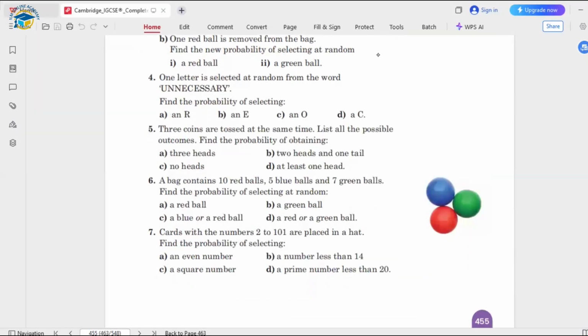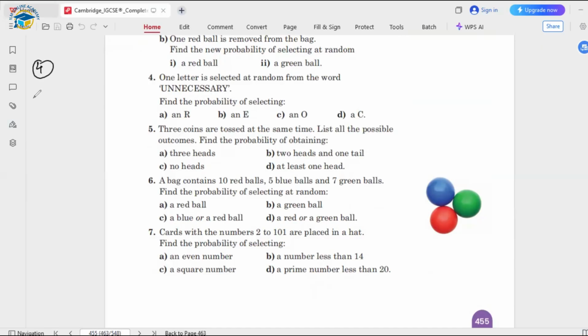So in fourth part, what they gave is that one letter is being selected at random from the word unnecessary, and we need to find the probability of selecting an R, an E, an O, and a C. Okay. So first of all, we will check the total letters.